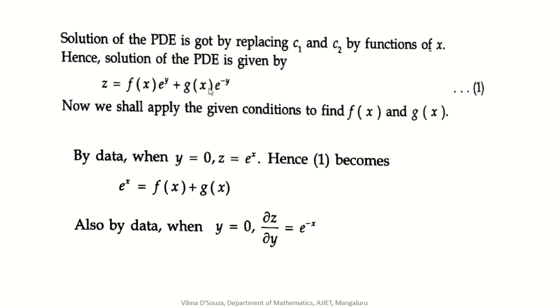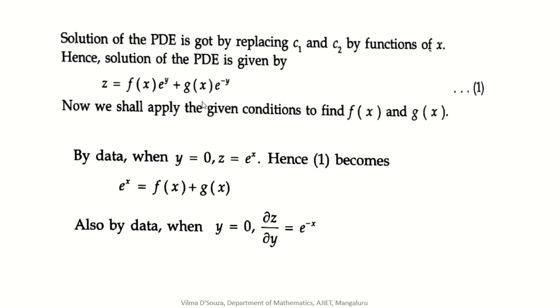So hence the solution of the PDE is given by z is equal to f of x e power y plus g of x e power minus y. Wherever you have c1 and c2, write it as a constant, or as a function of x only or function of y depending on the variable you have considered.